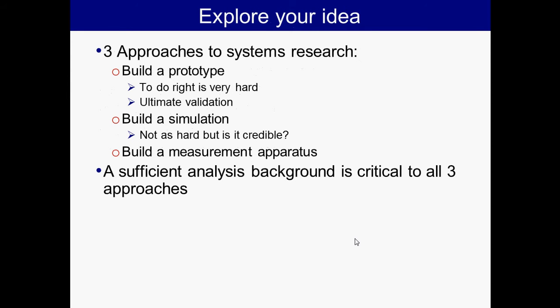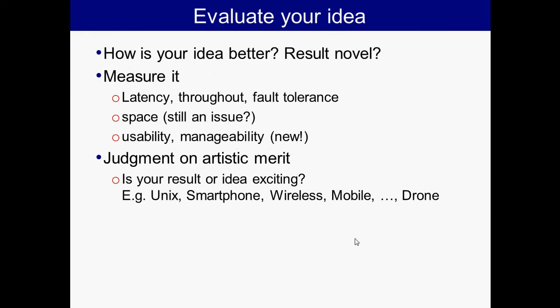Explore your ideas. There are three ways of systems research: build the prototype, build the simulation, or build the measurement apparatus. Whenever you want to prove your idea or your implementation, you can show, for example, that yours runs faster than others, or your program requires less space than others.